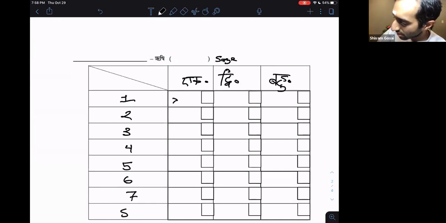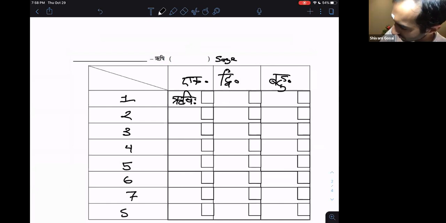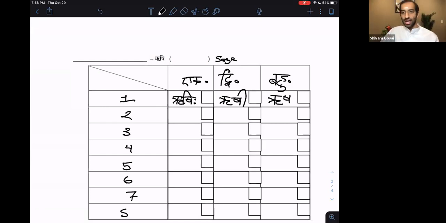So the first one, Rishihi. Oops, I didn't write that very well. Rishi. Then Rishayaha, just like Harayaha.